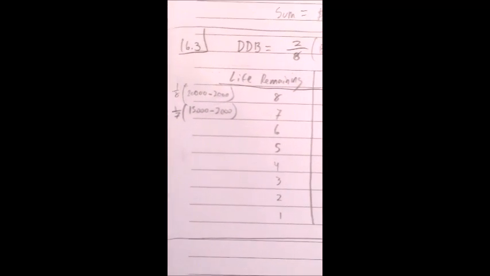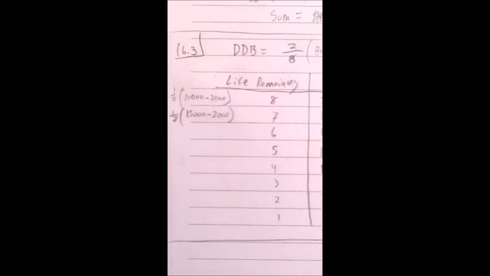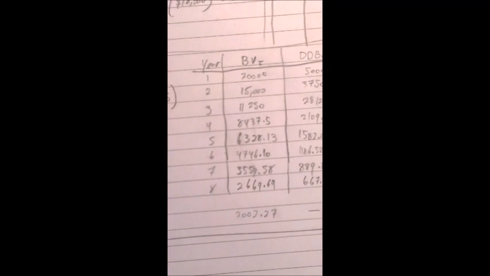And then going on to 7 years remaining, you'd put 1 over 7, because 1 over L, and you'd use the new book value that you'd get, which is $15,000, which you derive from this table right here.